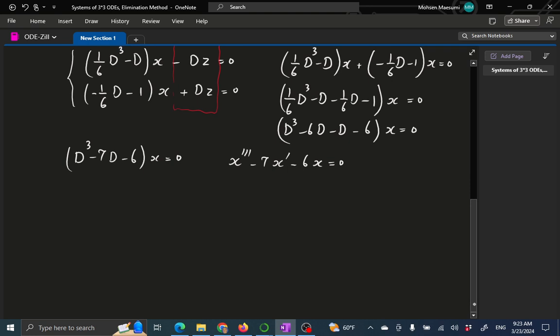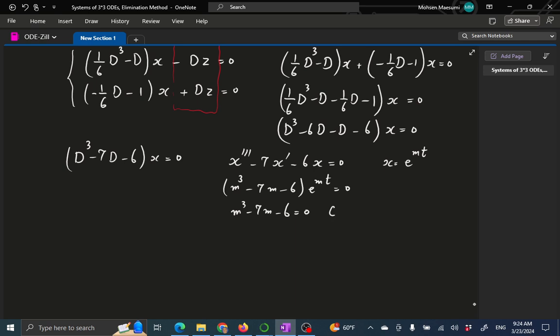We took x to be, for example, exponential of mt, and when you replace it here, you get m cubed minus 7m minus 6 times exponential of mt equal to 0, and that brings you to this equation, which we called the characteristic or auxiliary equation.